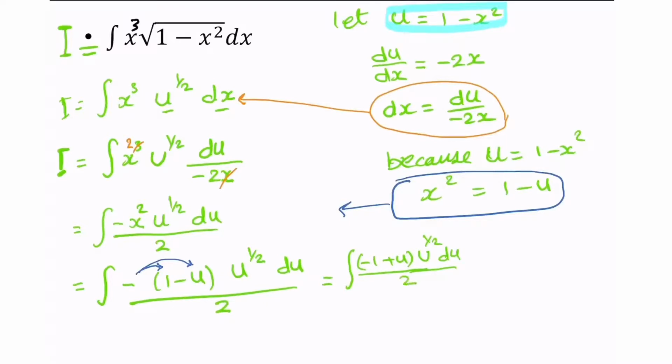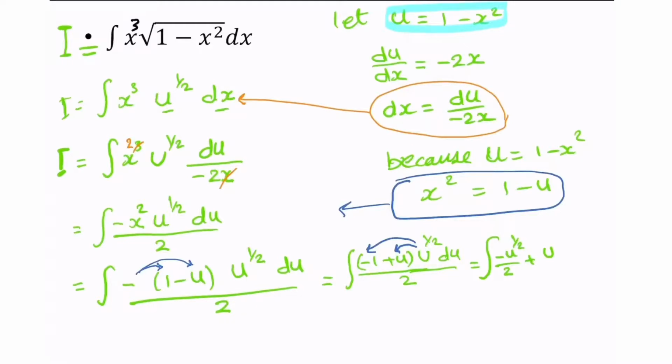Which is equal to, now it's going to be u times minus 1, u to the power half times u, right? So this will be equal to minus u to the power half over 2 plus u to the power 3 over 2, because u to the power half times u to the power 1, when we multiply, the powers are added.